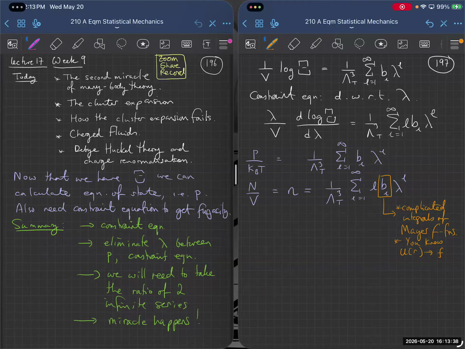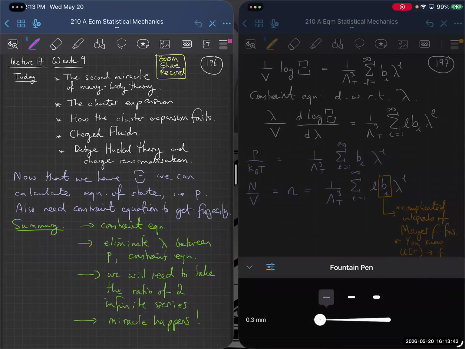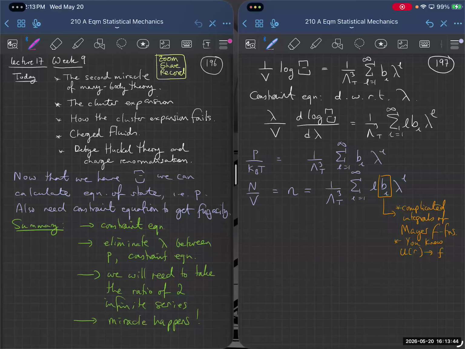Okay, so then you might say, well, I know how to proceed, because we've done this before, so this looks like what we did for ideal bosons and fermions.